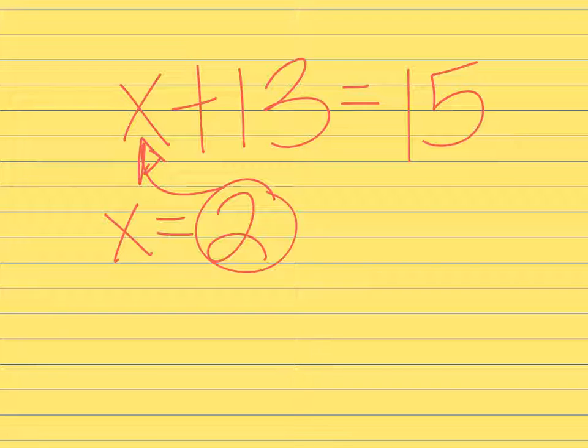So an algebraic expression is a combination of numbers, variables, and at least one operation. So you have to have a number, a variable, and at least one operation for an algebraic expression. So when Miss Ayala says algebraic expression, I'm talking about the combination of numbers and variables.